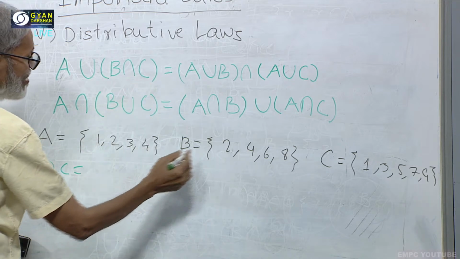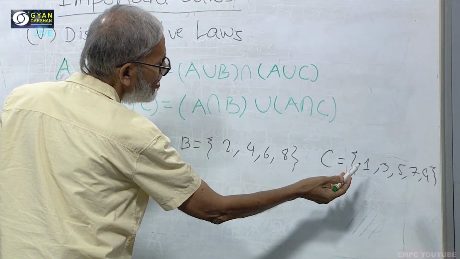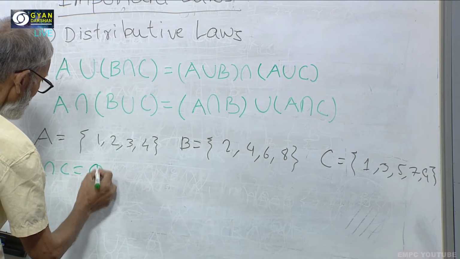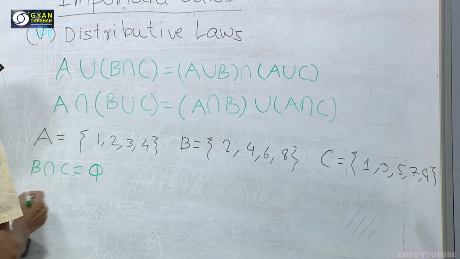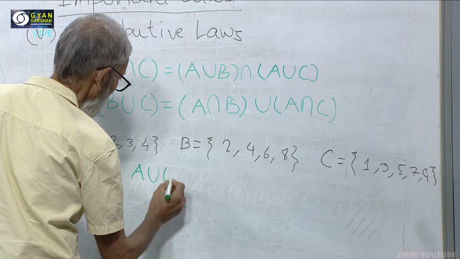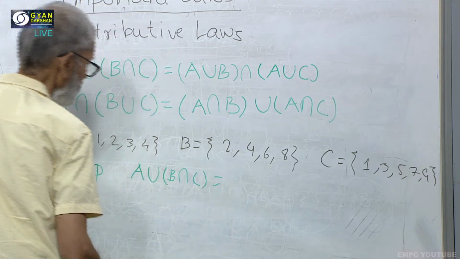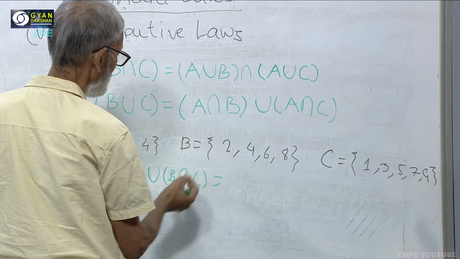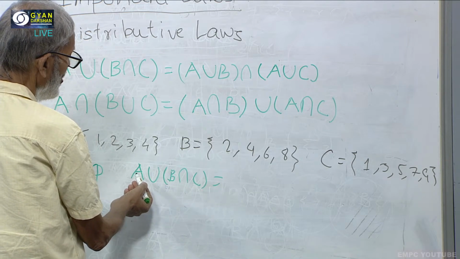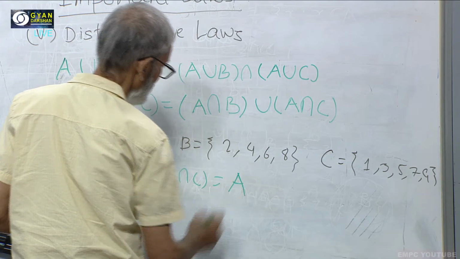We are calculating B intersection C. So, 2, 4, 6, 8 and 1, 3, 5, 7, 9. Nothing is common. So, B intersection C is empty. And A union (B intersection C) will be equal to A, because B intersection C is empty. So, A union empty set will be A.